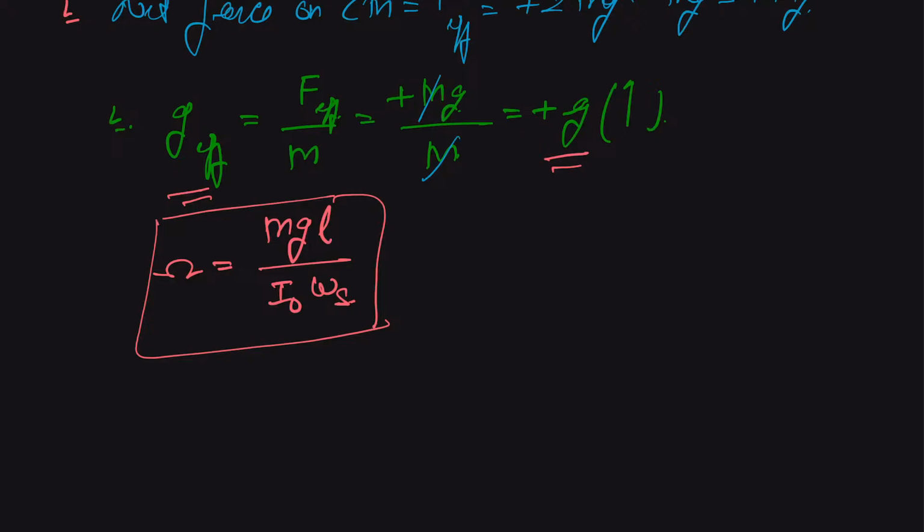Because now the gravity is in the plus upward direction, the precession along the vertical will be counterclockwise. This will be the direction of our precession. So this is the major difference between the two. The magnitude is the same.